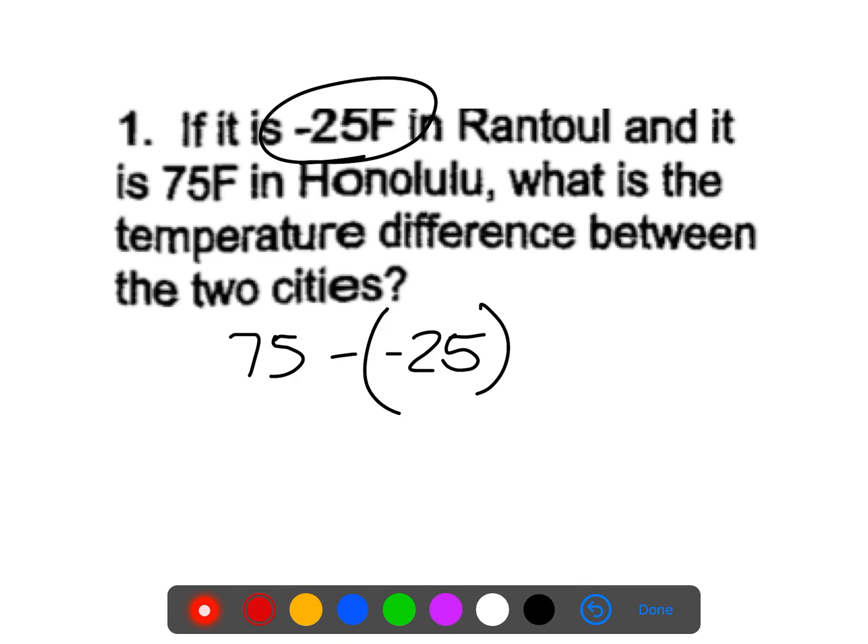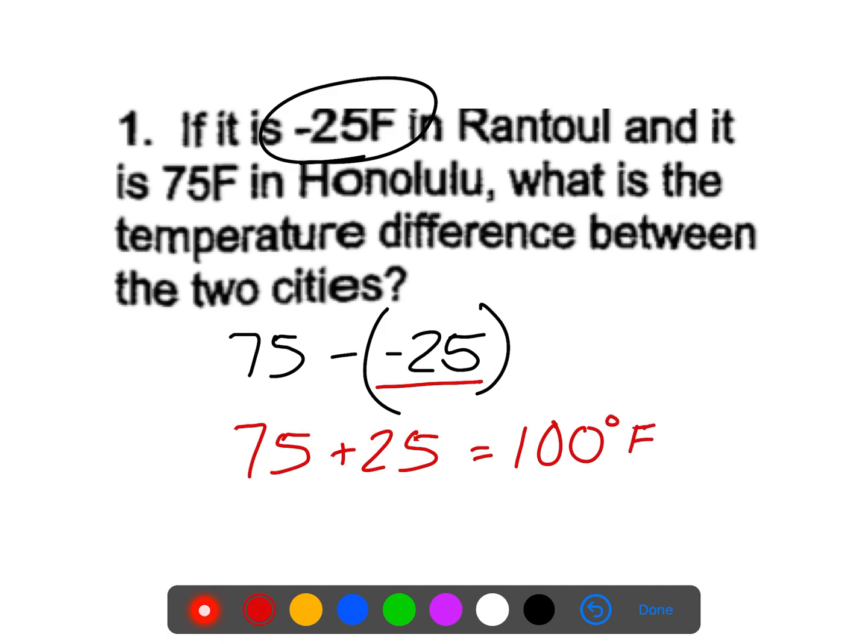So when we rewrite that with addition, 75 plus the opposite of negative 25, which is positive 25, now we can clearly see our 100-degree temperature difference. Okay, and that's a positive temperature difference. So take a look at the rest of those word problems.